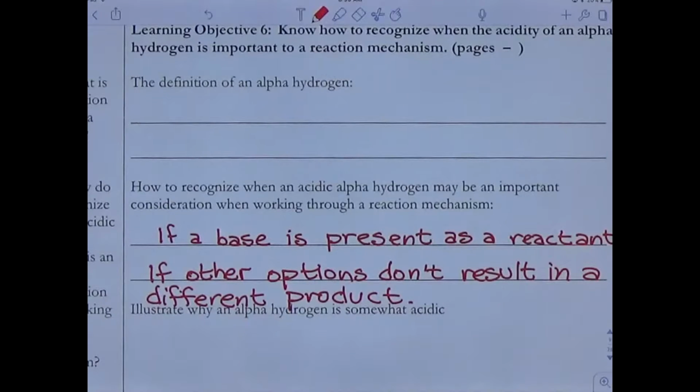Anytime there's a base present, you're thinking that this is a possibility if there is an alpha hydrogen.